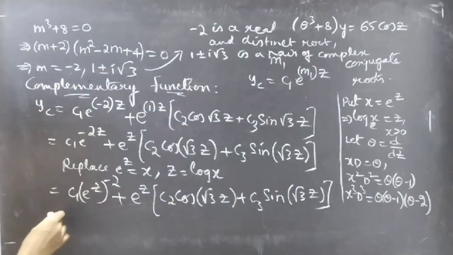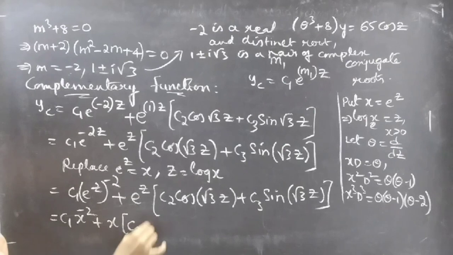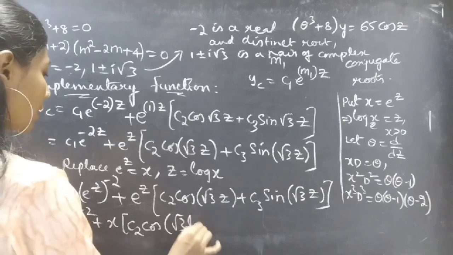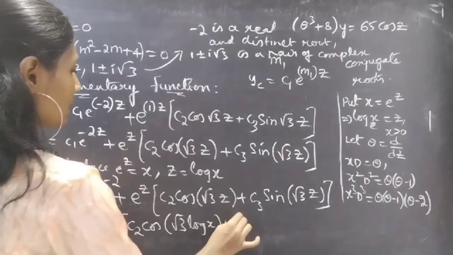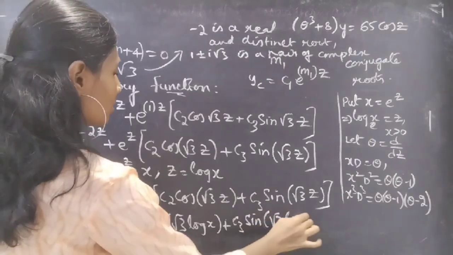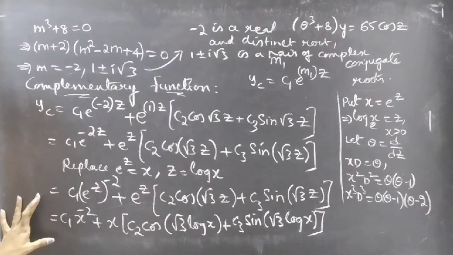Now let's replace. e^z by x, we'll get c1 x^(-2) + x (c2 cos(√3 log x) + c3 sin(√3 log x)). Replace z by log x. These are the required yc.